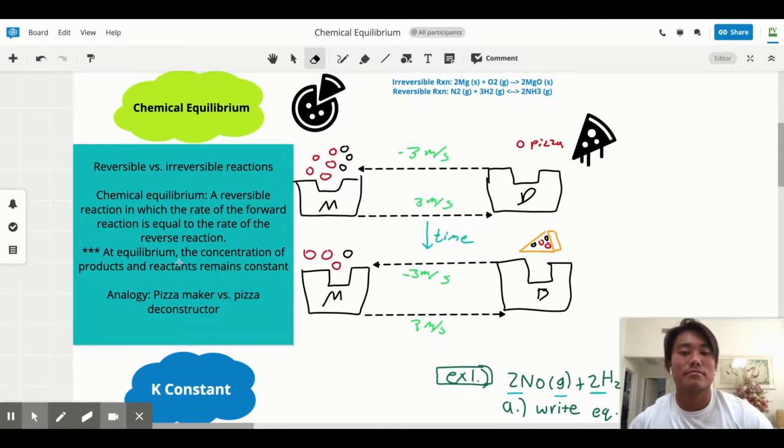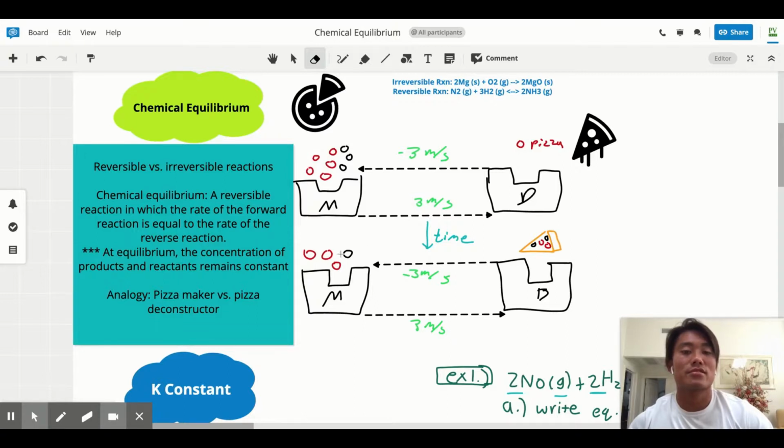At equilibrium, the concentration of products and reactants remains constant. So after some time, right, this system, this pizza maker slash pizza deconstructor system, reached equilibrium, right, in which there is a constant concentration of pepperonis, sausages, and pizzas, right?